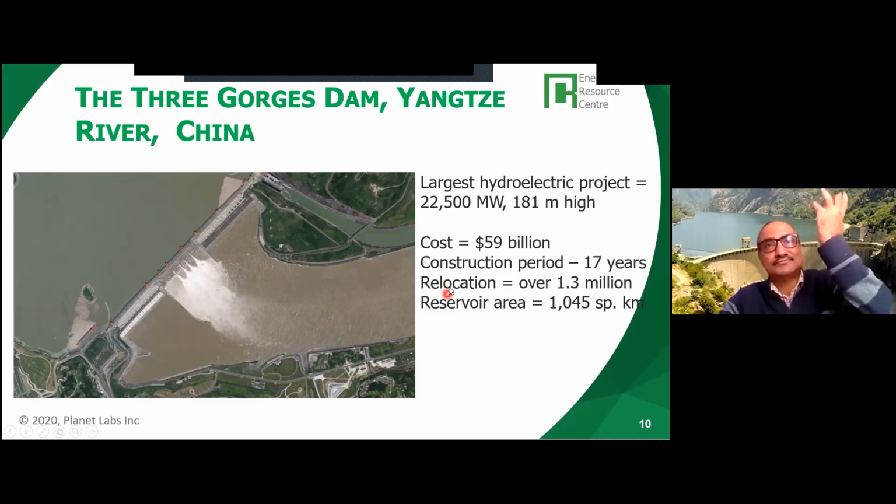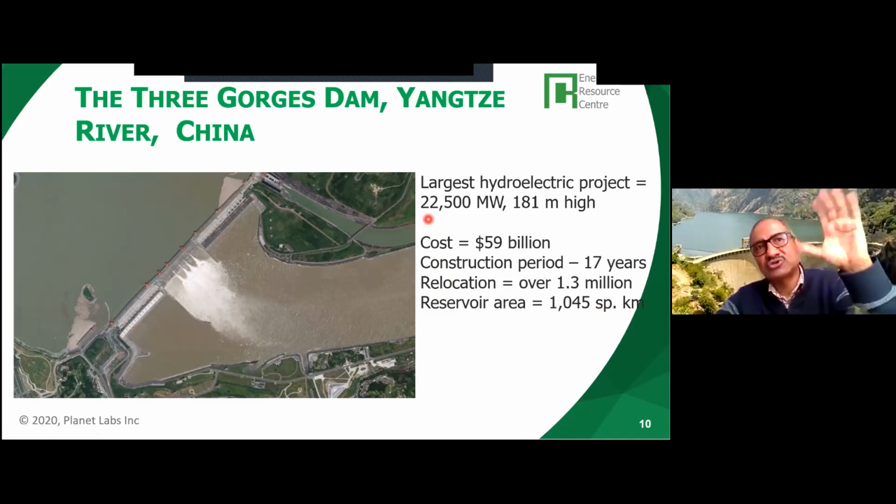Okay, so just imagine, the total hydropower potential of Mozambique is considered about 19,000 megawatt, but this single project produces 22,500 megawatt. It also has flood control benefits.